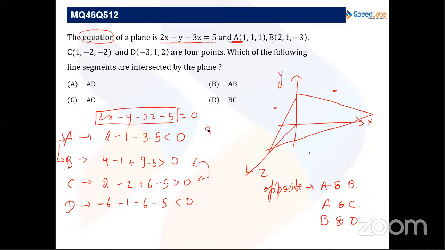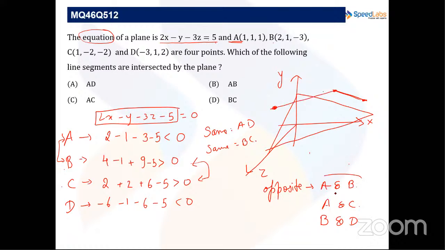On the same side we are having the points A and D, and on the same side we are having the points B and C. Now it has asked which of the following line segments are intersected by the plane. If these 2 points are lying on the same side, they will not intersect the plane. But if the 2 points are on the opposite sides, the segment will intersect the plane.